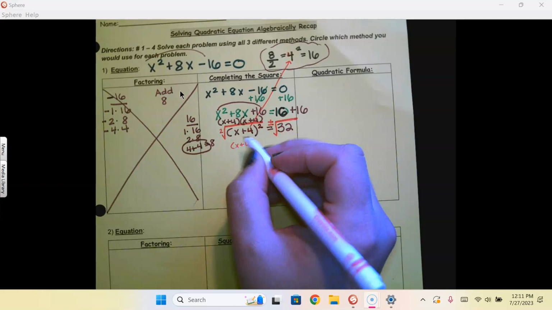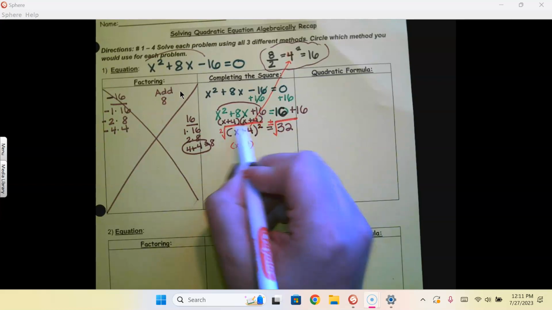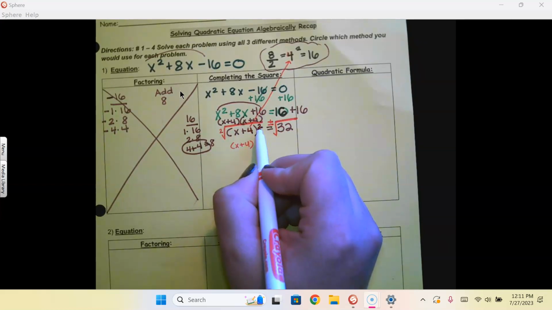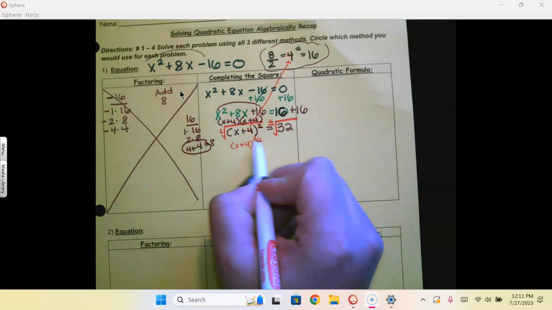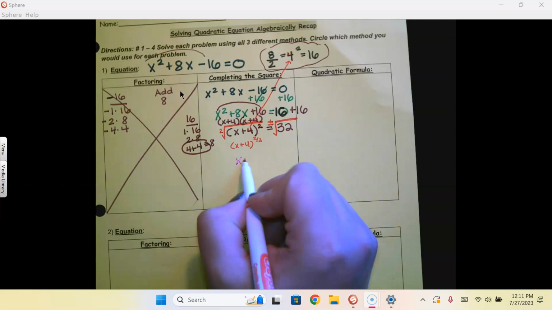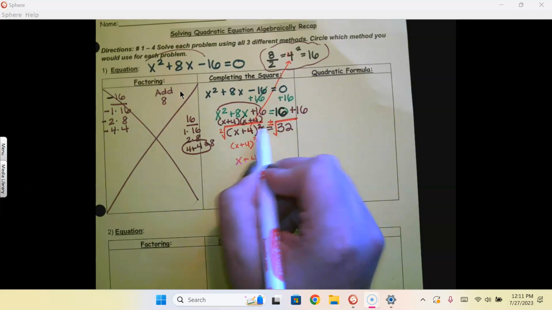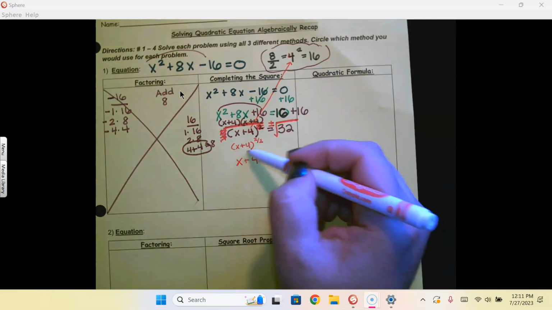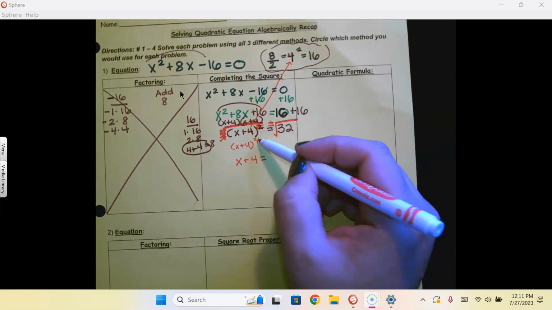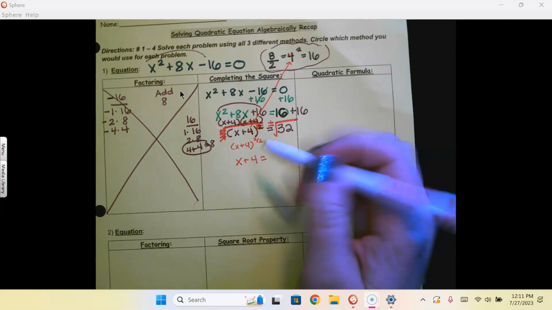I just want to make sure it's clear why this radical goes away, because we can write radicals with exponents, and that would be 2 over 2, which is just 1. So that's why that exponent and the radical just goes away. If you want to write it like this, to remind yourself, that would make just 1x plus 4.